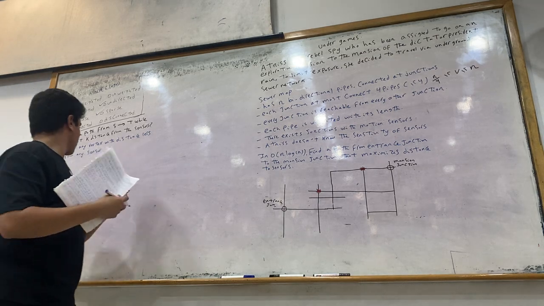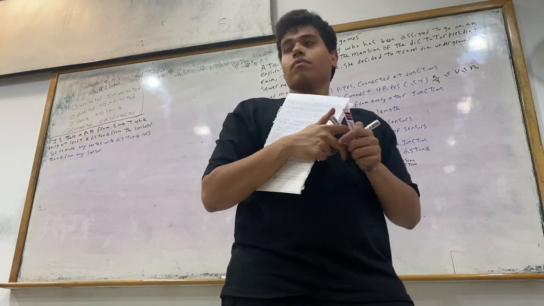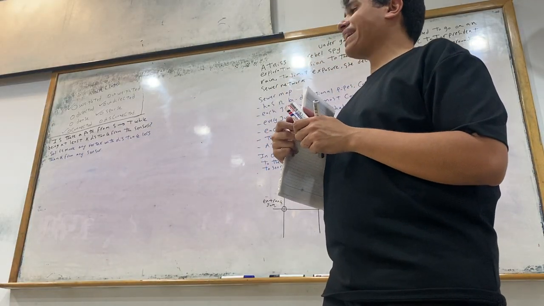How do you determine that? Less than k, how do you determine it? What should I do here? I am saying here that I will remove any vertex with distance less than k from any sensor.